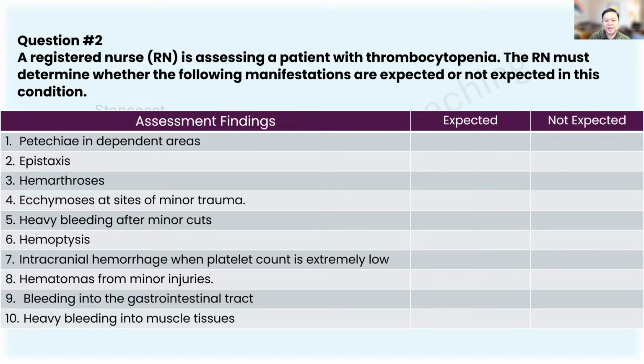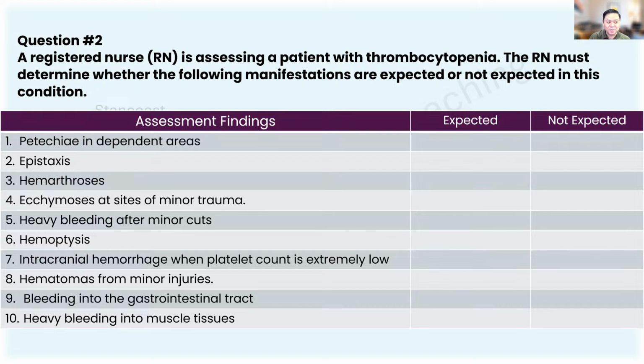Question number 2. A registered nurse is assessing a patient with thrombocytopenia. The RN must determine whether the following manifestations are expected or not expected in this condition.